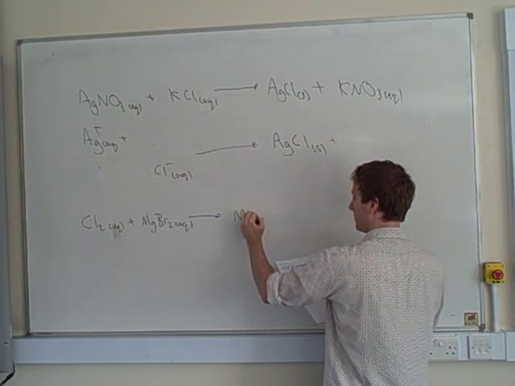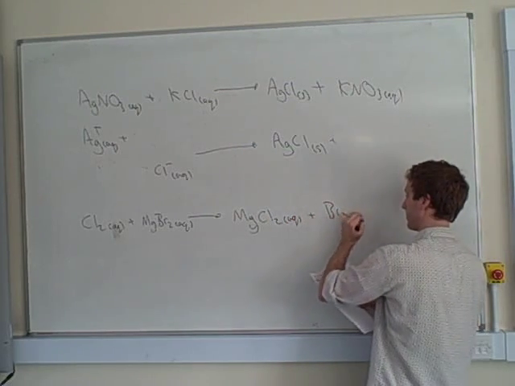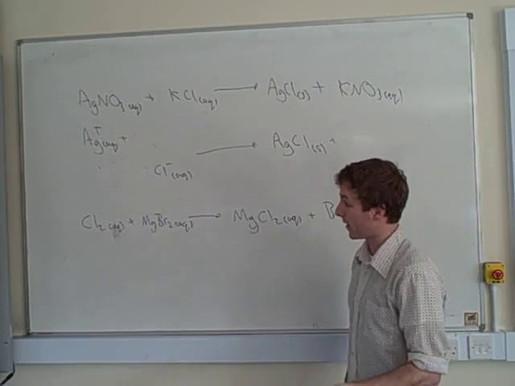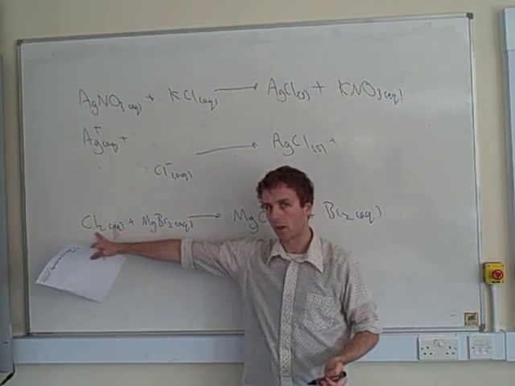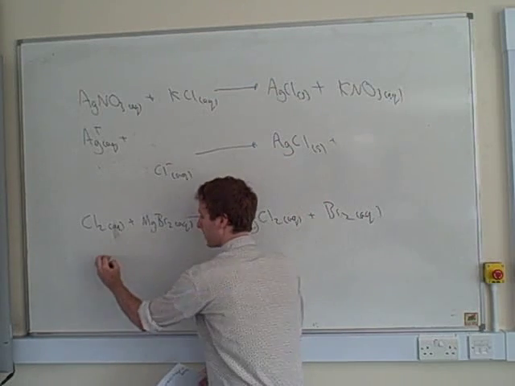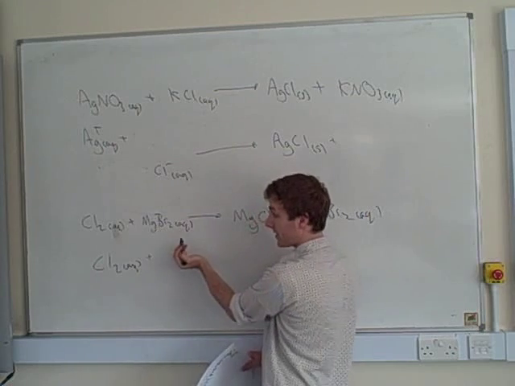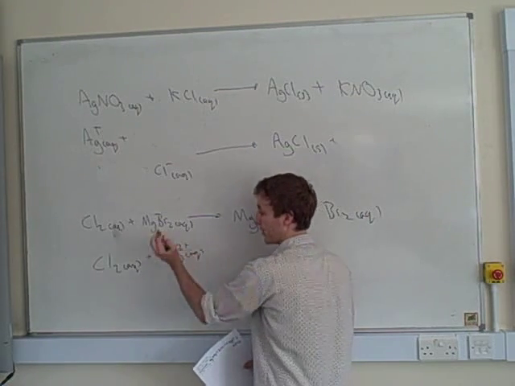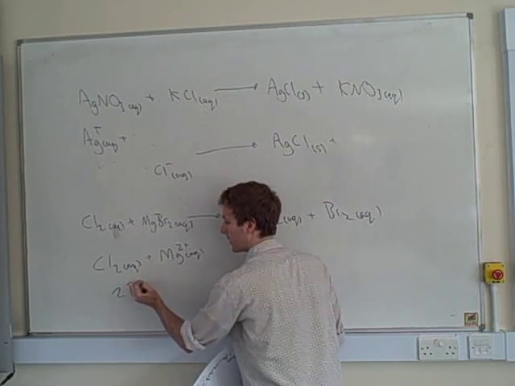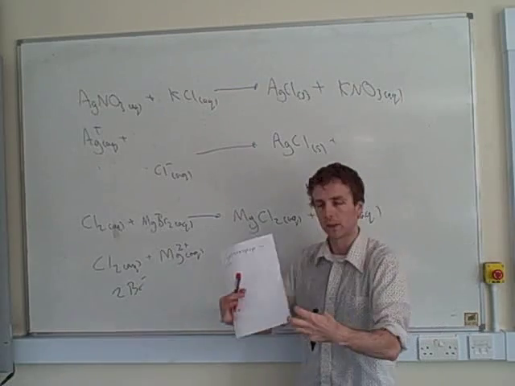So our final one. Here, again, I'm going to break apart my aqueous ionic compound. This is aqueous, but it's not ionic, so I'll need to keep it the same. So Cl2 aqueous. This is ionic, so this will give me Mg2 plus and 2 Br minuses. Remember, this wouldn't be released as Br2 because that's not the way they're joined together.